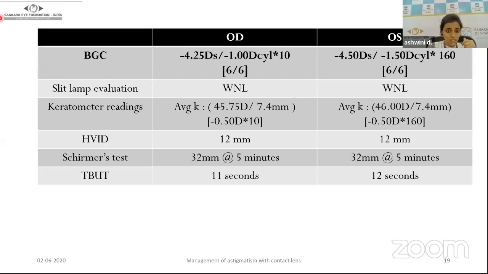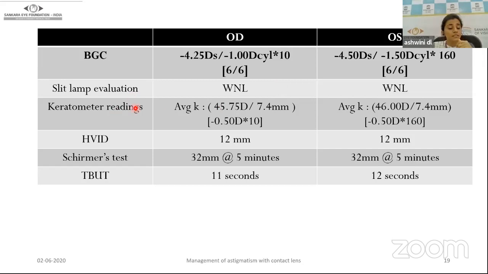Before going to the trial of the contact lens, her BCVA, that is the acceptance, was minus 4.25 diopter spherical, minus 1 diopter cylinder, axis 10 in the right eye. And in the left eye, minus 4.5 diopter spherical with minus 1.5 diopter cylinder, axis 160. The slit lamp examination was within normal limits.